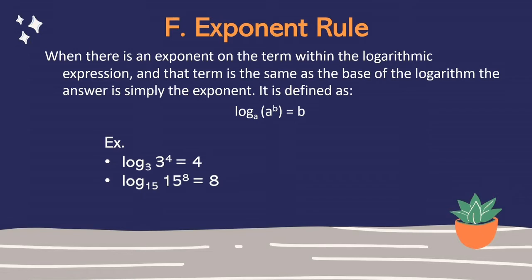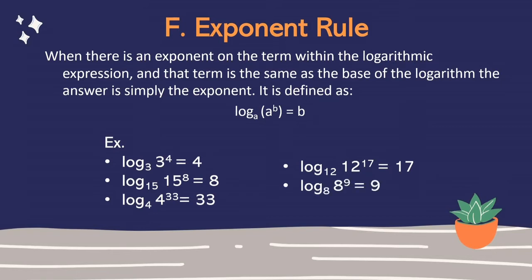The logarithm of 15 raised to the power of 8 to the base of 15 is equal to 8. The logarithm of 4 raised to the power of 33 to the base of 4 is equal to 33. The logarithm of 12 raised to the power of 17 to the base of 12 is equal to 17. And the logarithm of 8 raised to the power of 9 to the base of 8 is equal to 9.